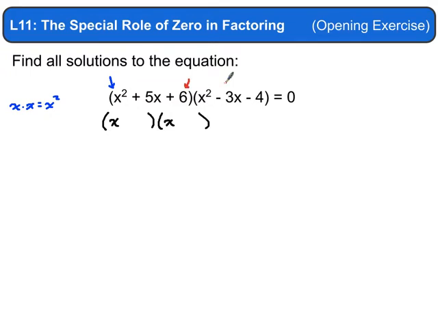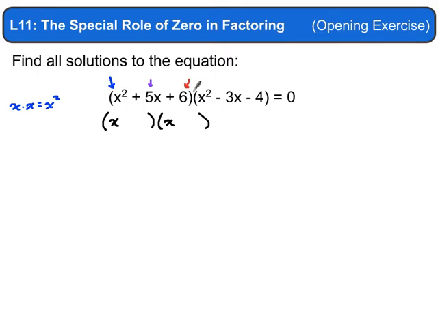We want to think of something that multiplies to equal 6 and adds to equal 5. This technique only works because the coefficient in front of this x squared is a 1. For the ones that are not a 1, we'll talk about other strategies when the time comes in those sections.